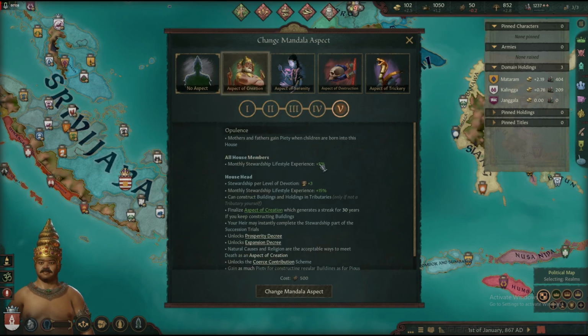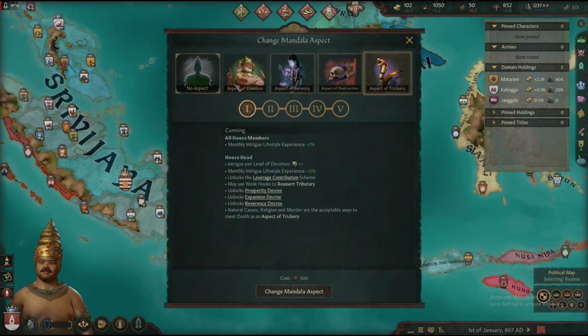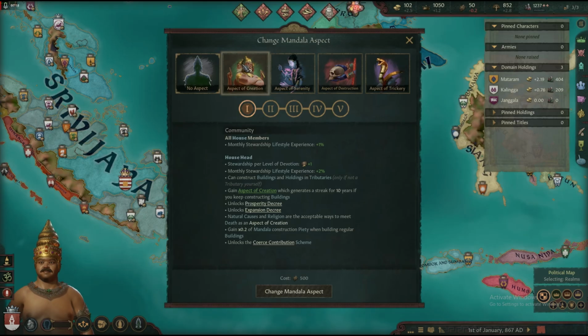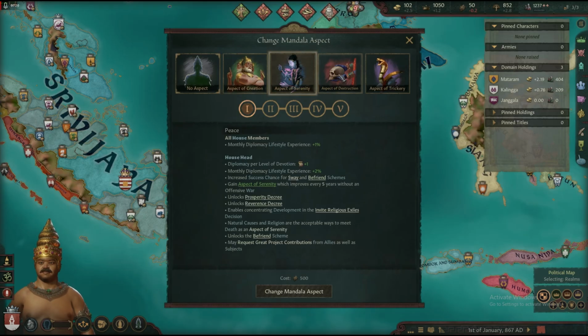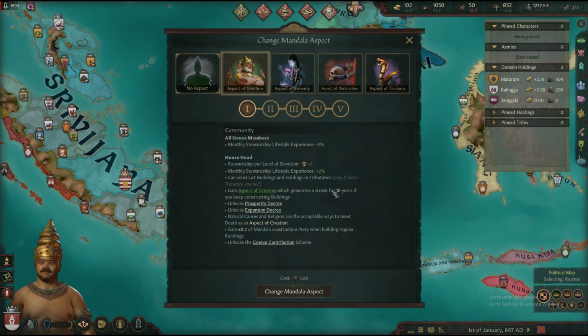Each aspect will give you 1% of lifestyle experience for whatever it corresponds to. So creation is stewardship, serenity is diplomacy, destruction is martial, trickery is obviously intrigue. Let's see here.